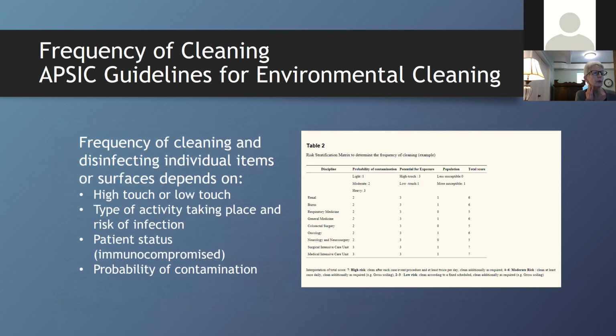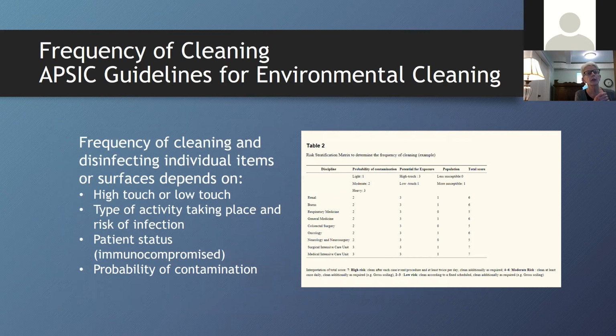where you could do kind of a risk assessment of the type of area that you're going to be cleaning and look at the probability of contamination, the potential for exposure in that area, what kind of population you're servicing, and then you could score that and really share that with your EVS individuals about these are the areas that we really need to be in tune with and make sure that we may need to clean more frequently.